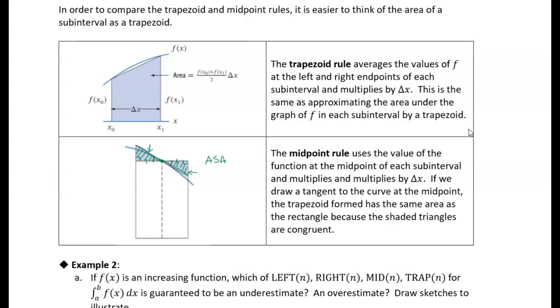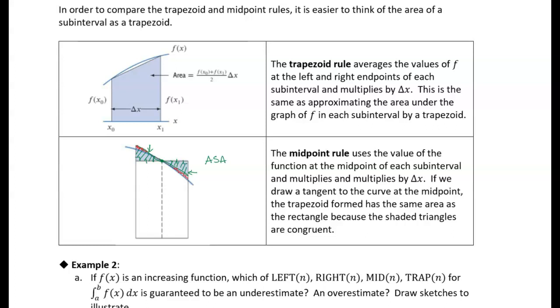But if you visualize it as a trapezoid where the side of the trapezoid is a tangent line to the curve, then you can see this curve is concave down, and you can see the error, here I can try to draw it in red, is here and here, and it's above the curve. So for a concave down function, you'll get an overestimate.